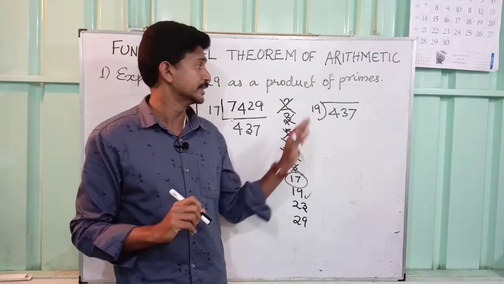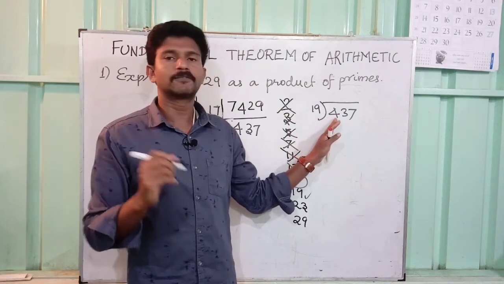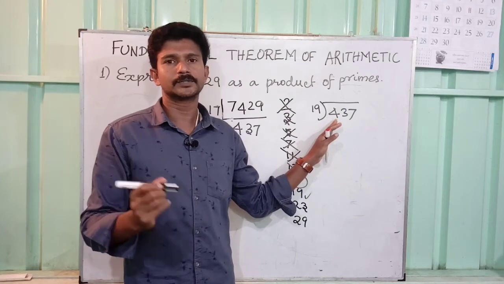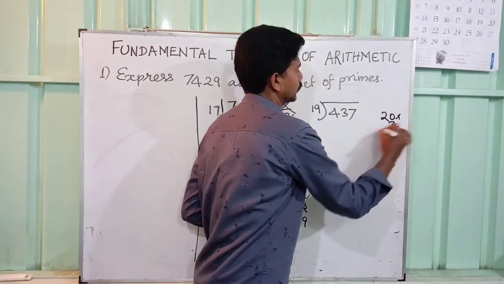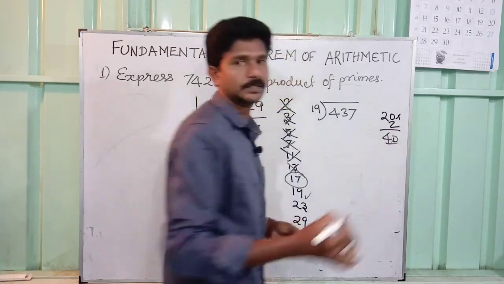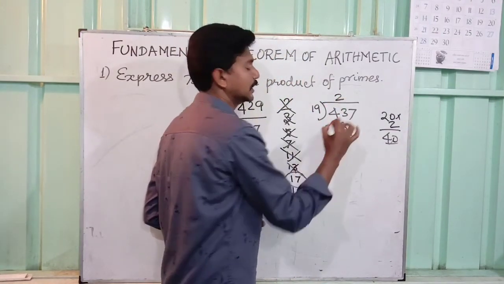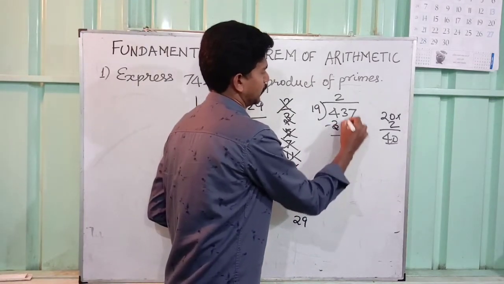So here 43, we can round off to 40, it will be a little easier, because 20 into 2 is 40. So it is easy for us to write. So 2 times 19. So 2 times 19 means it is 38. So when we subtract, we get 5.